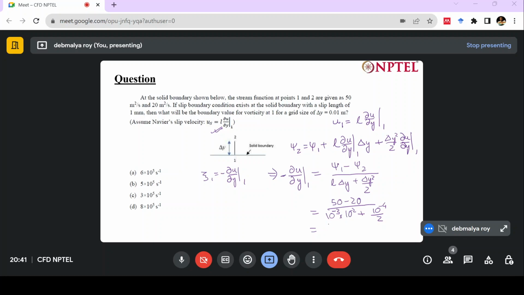So here we have 30 divided by 6, and 10 to the minus 5 we can write as 10 to the 5. So this is 5 into 10 to the 5, in SI units. We have not written the units here, but we have made sure that everything is in SI units so that our final answer is also in SI units. So this is our vorticity value.